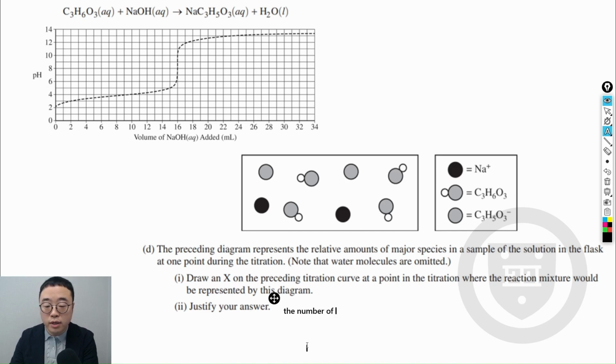The number of weak acids is greater than the number of its conjugate base. Therefore, this must be before the half equivalence point.